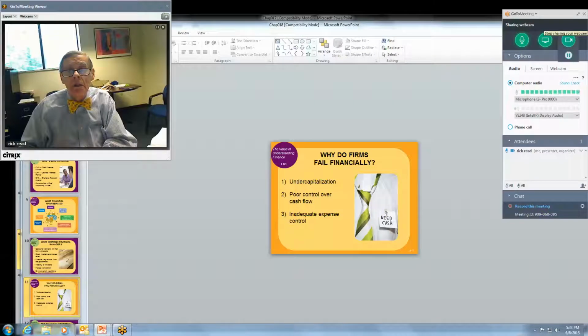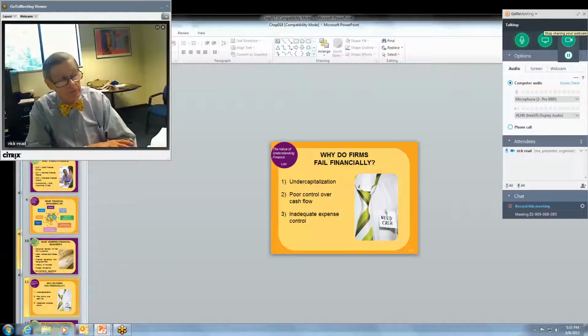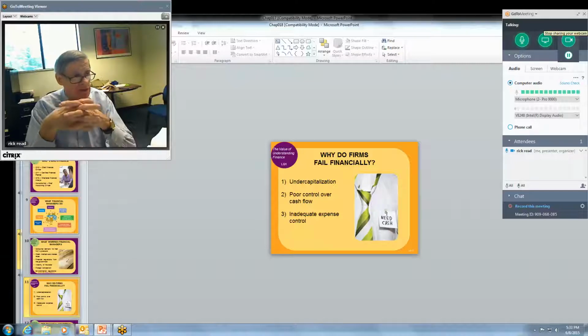Three reasons that companies typically fail. Now, while it has this here, and this applies to companies across the board, it's probably more important for small businesses than it is for larger businesses. The only reason I say that is because larger businesses probably have more controls in place than a smaller business does.